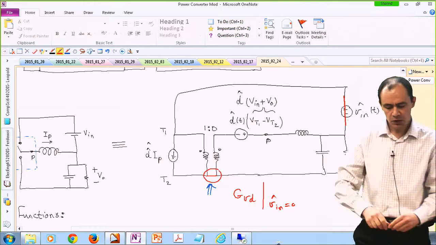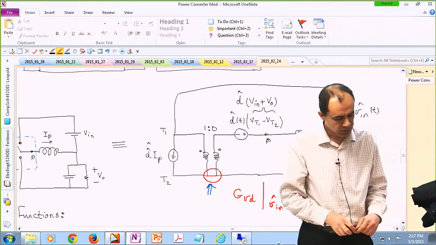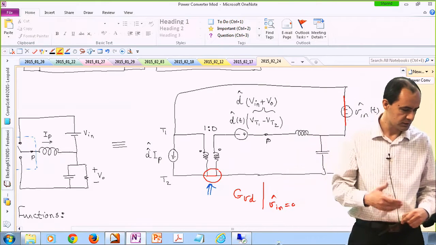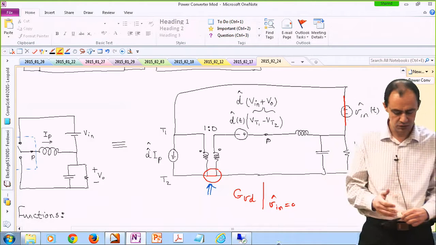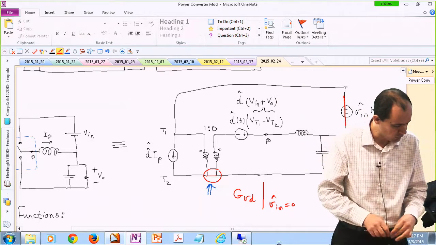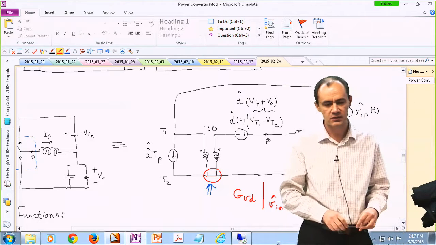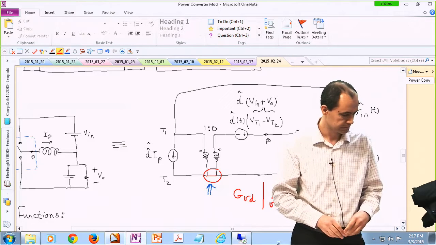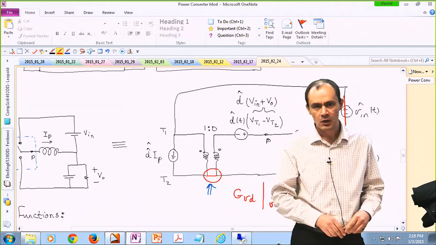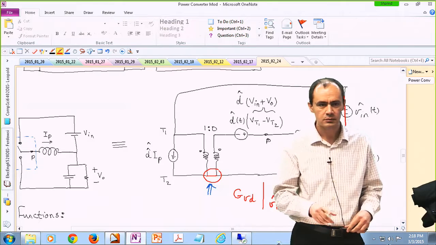If you do that in the end, it's okay. If you have D prime or D, you can substitute D prime with 1 minus D, or vice versa, to make it closer to the canonical form. That's right. Okay. Thank you.